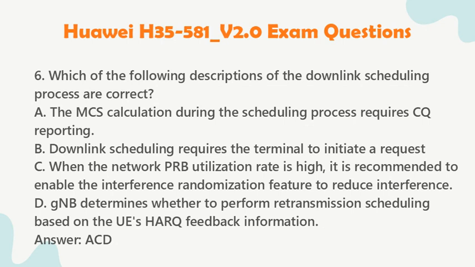C. When the network PRB utilization rate is high, it is recommended to enable the interference randomization feature to reduce interference. D. gNB determines whether to perform retransmission scheduling based on the UE's HARQ feedback information. Answer. ACD.